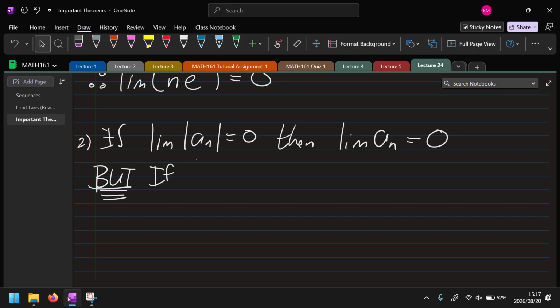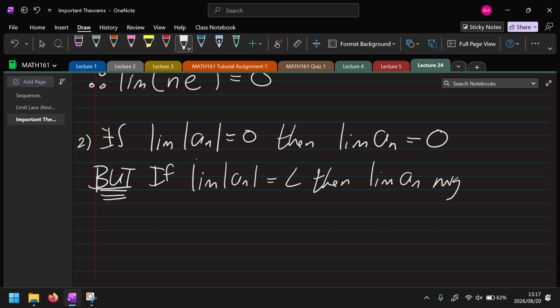And we'll see an example with that. If the limit of the absolute value is some L that is non-zero, then the limit of the original sequence might not be L. Could be L, but it's not guaranteed. So please make an important note that this only works if the limit of the absolute value is 0.